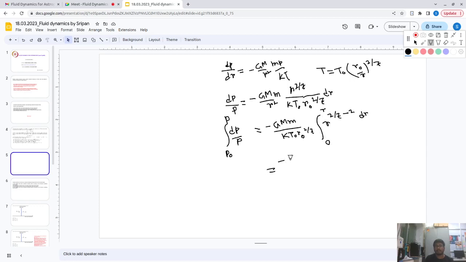So in this way you would have GM m_p by k T_0 r_0 to the power 2 by 7, right? So it should be written again.